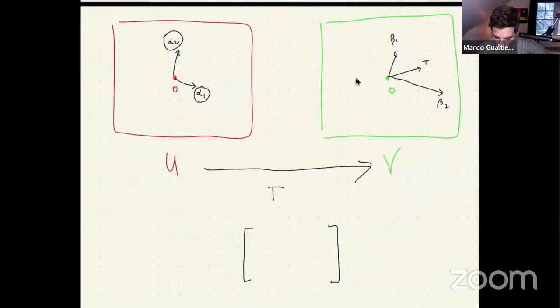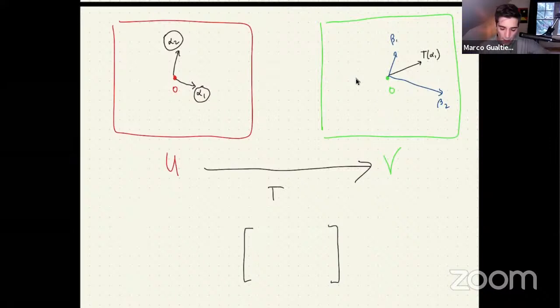Actually, I'm just going to change the color of these for a second. Okay, and so let's say that T of alpha 1 is this vector, and let's say that T of alpha 2 is this vector. Why these vectors?